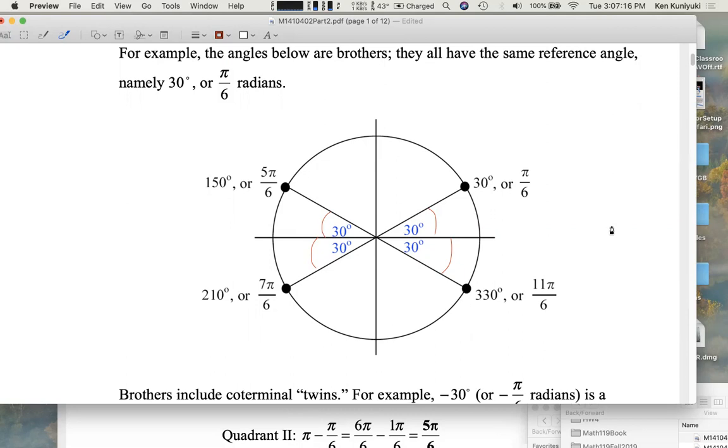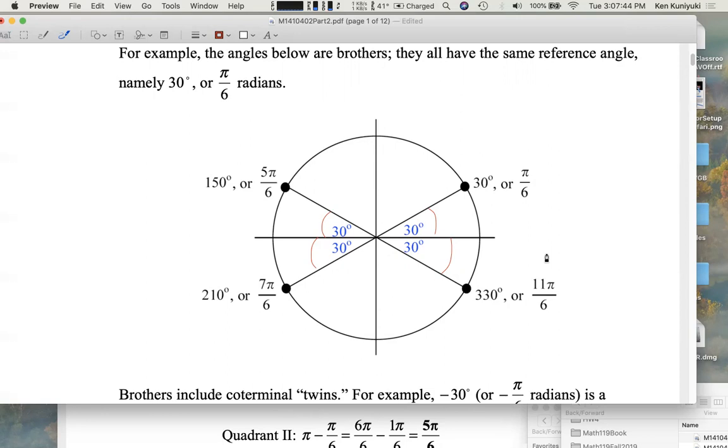Some books might call these coreference angles, which does make a lot of sense because coreference angles share the same reference angle in the same sense that coterminal angles share the same terminal sides in standard position. So we can think of these brothers as coreference angles more professionally, although the term is not quite standard.